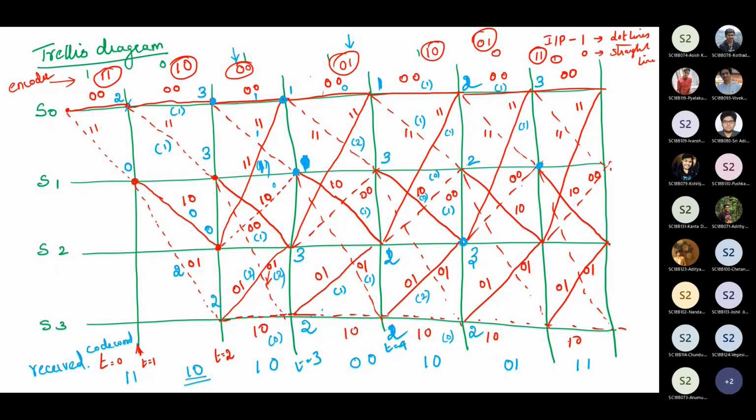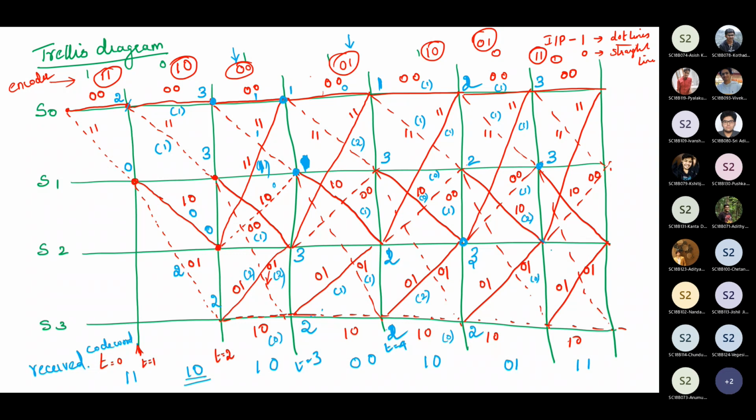Next at this point it is 1. Okay, 0, 0 line. Next here it is 1, 1. So it is 1. So 3 plus 1, 2 plus 1, 3. Minimum is 3. So next one here it is 1, 0. Solid line is 1, 0. So here it is 2. Next this line, 0, 1, 0.